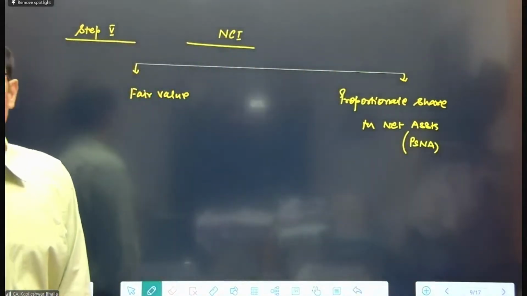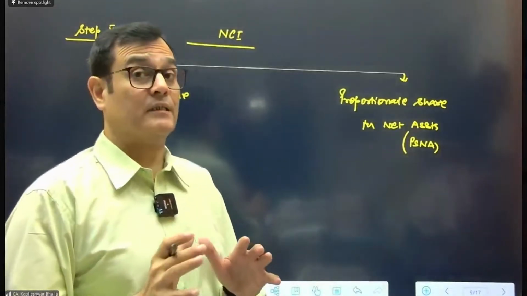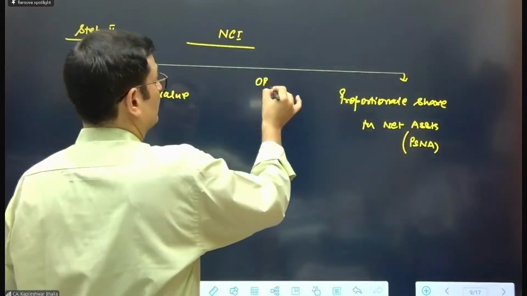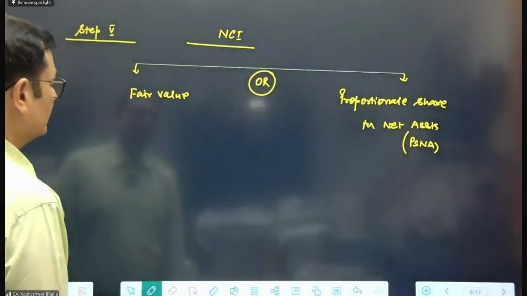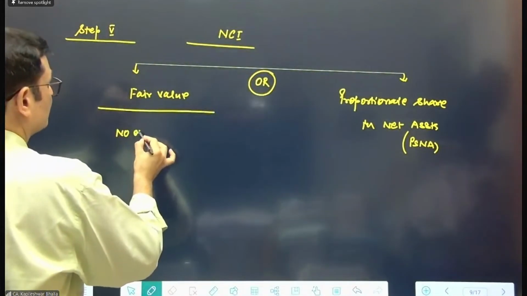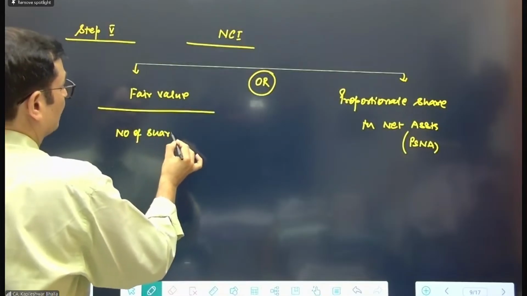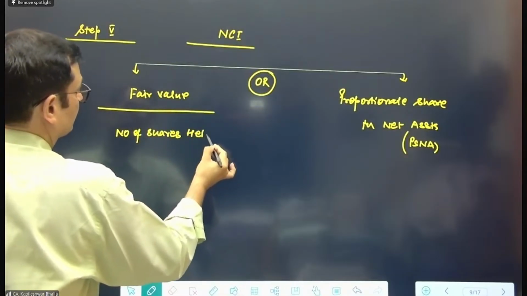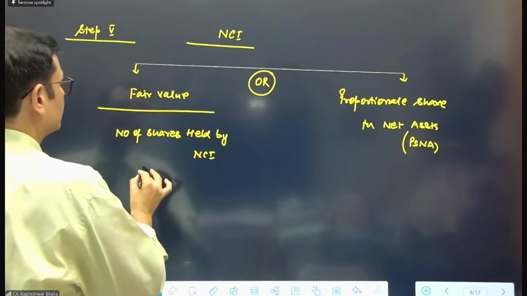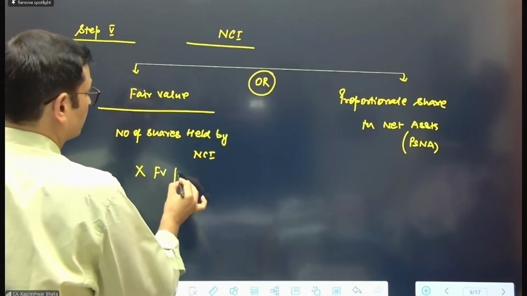Whatever is to be done, that input will, of course, be very clearly given in the question. So one of the two methods would be applied, and the question will give you the inputs. So in terms of fair value, what do you consider? You consider the number of shares held by NCI, into the fair value per share.